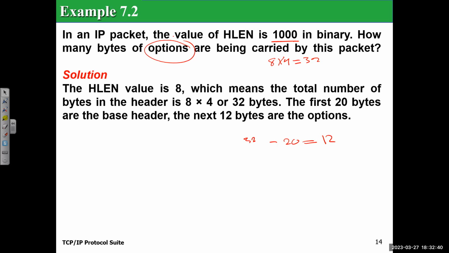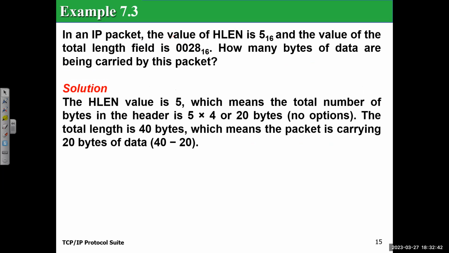Okay, let's go to another example. Again, header length. How much? 5. 5 multiply 4 equal 20. Correct. And what is the total length? 28 hexadecimal. Can you translate that to decimal?